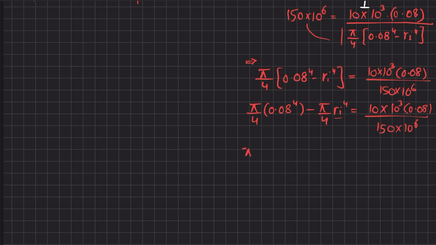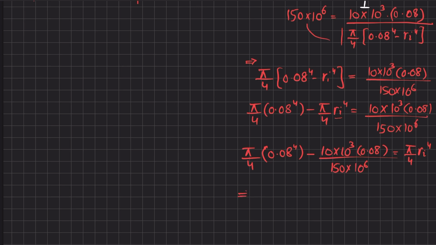So pi by 4 into 0.08 power 4 minus 10 into 10 raised to power 3 into 0.08 divided by 150 into 10 raised to power 6 will be equal to pi by 4 Ri power 4.